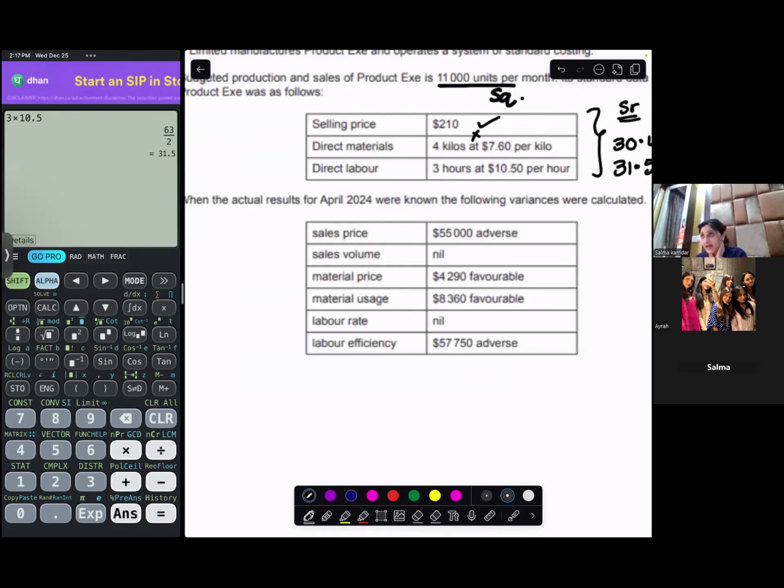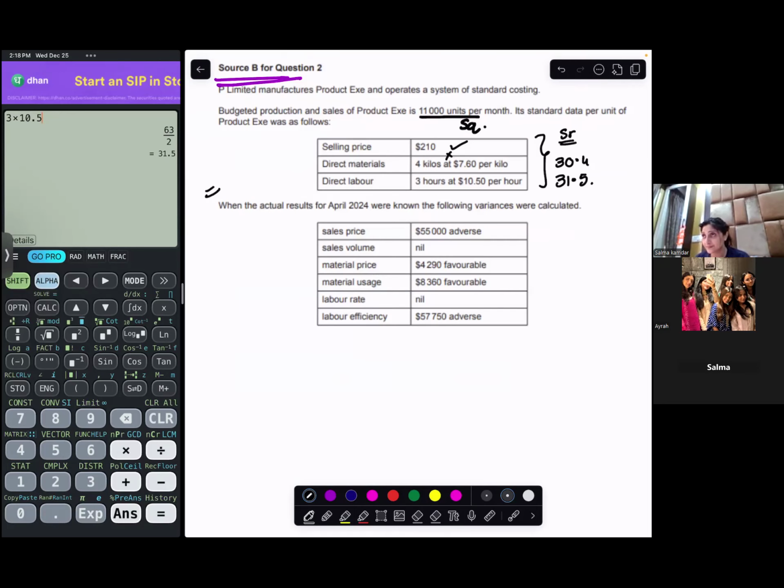Yes. How? You will reverse the formula. If I say my standard rate was 10, actual rate or actual selling price, I don't know, but my sales price variance is 2 adverse.